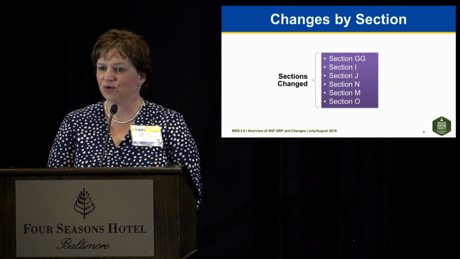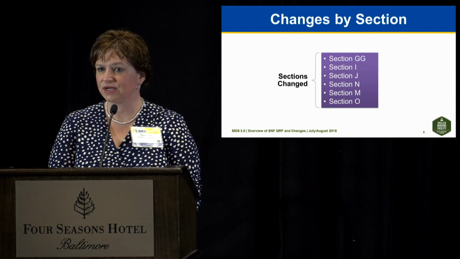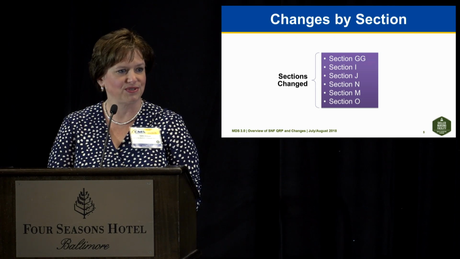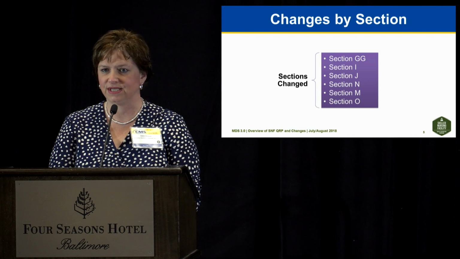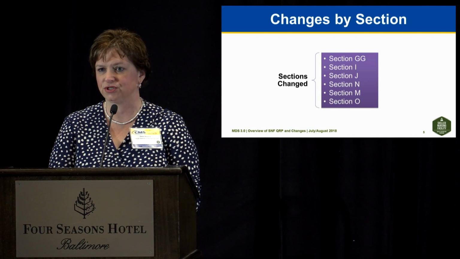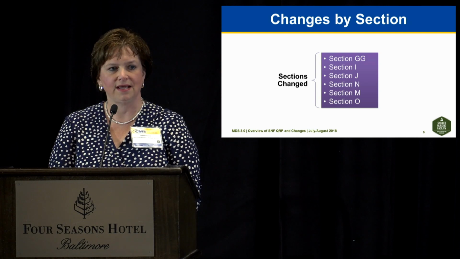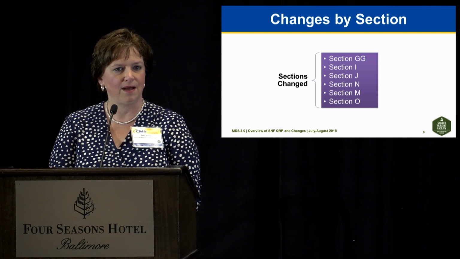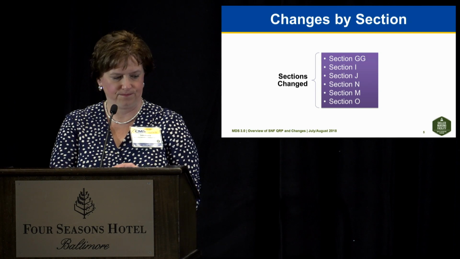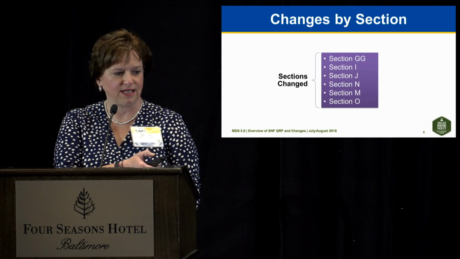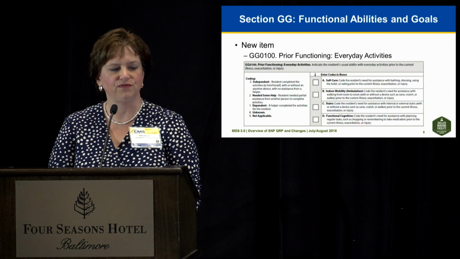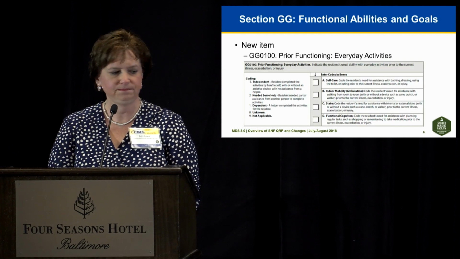I'm going to now summarize the changes to the sections in the MDS that you'll see in October. So as you can see here, there will be item changes in section GG, I, J, M, N, and O. So let's go ahead and take a look first at the item changes for section GG.